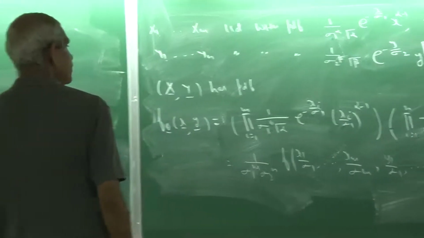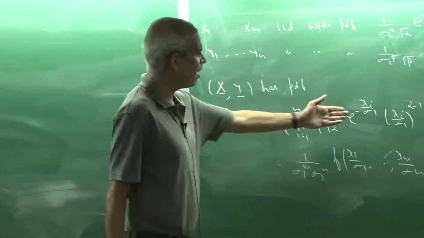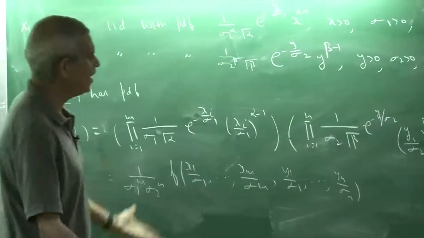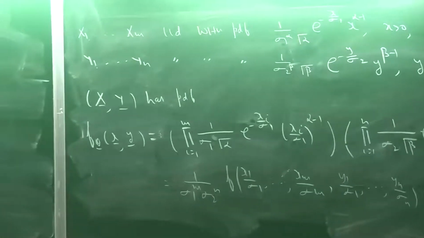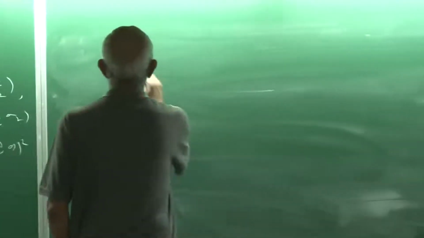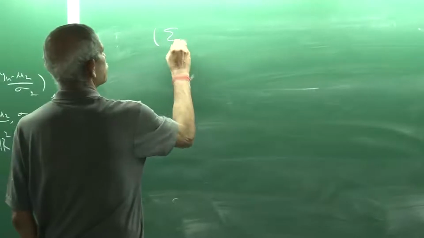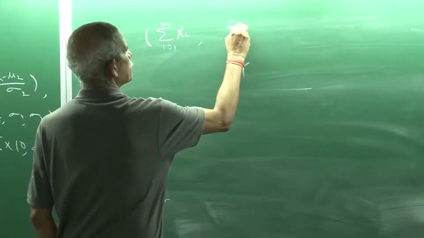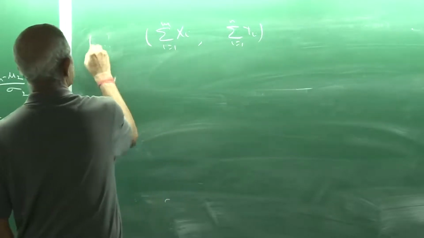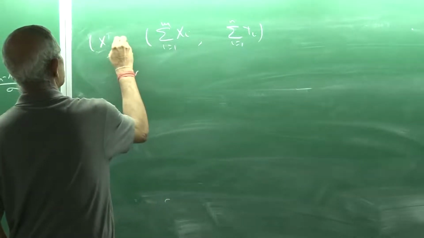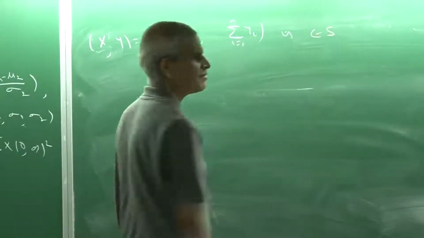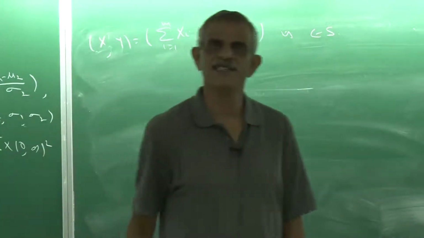What I need to do? This is kind of a gamma, so you can see that summation xi and summation yi is a complete sufficient statistic. So let me call this XY, which is complete sufficient. And W was anyway ancillary.